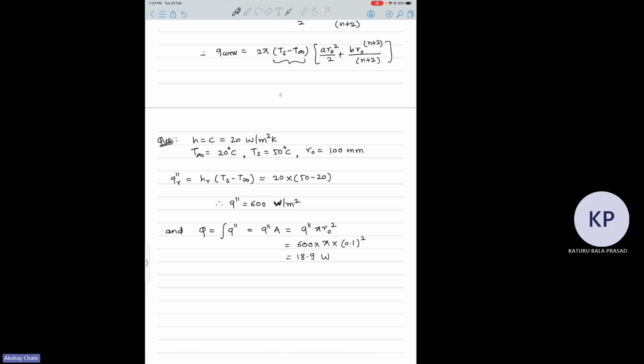Only K and mu are given. So if you only have those two things, what can you do with this? You have velocity, you don't have rho Cp.